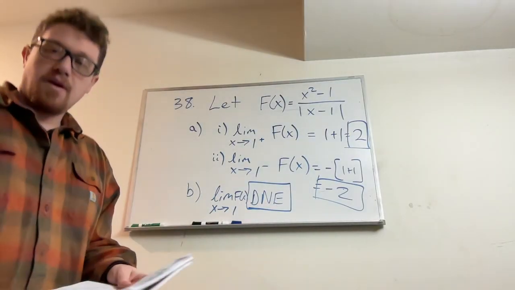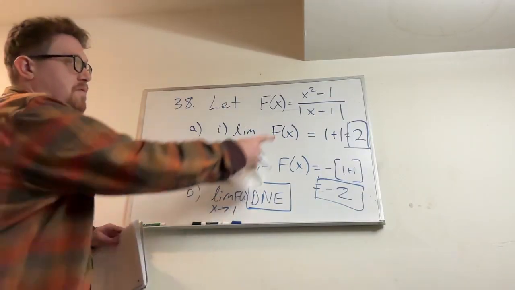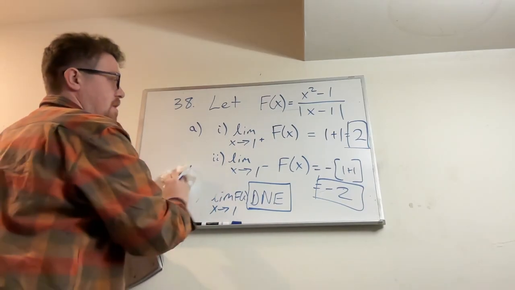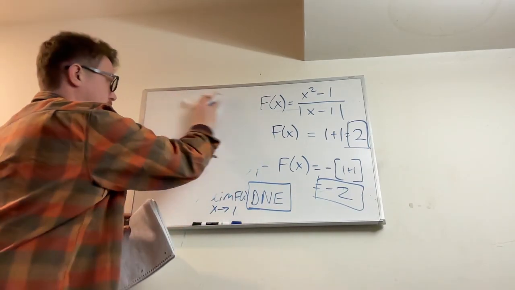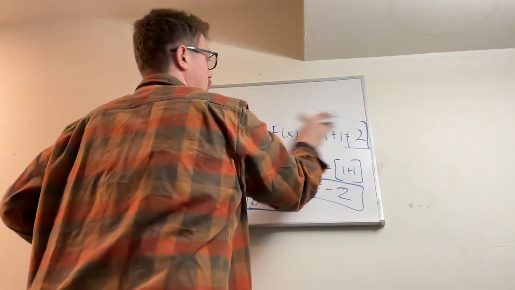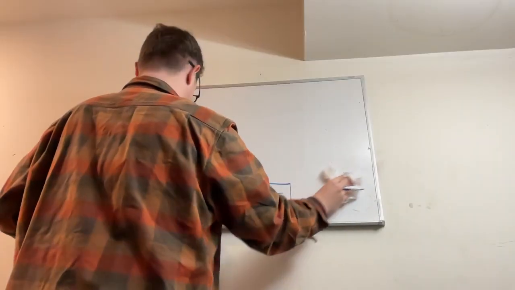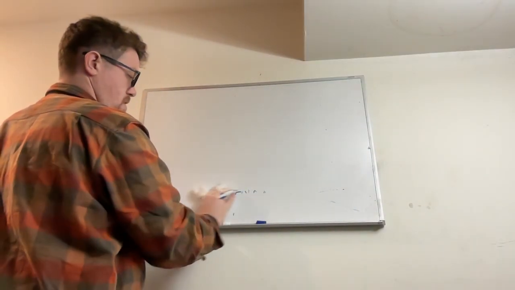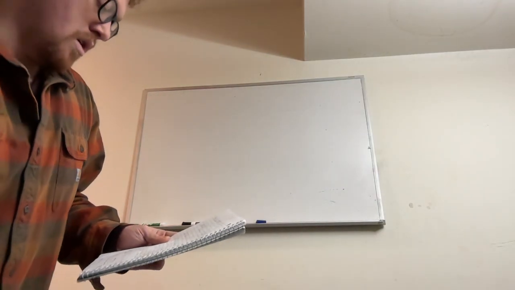And then the last part of the problem says sketch the graph of f. So let's just look at what type of function is x squared minus 1 divided by the absolute value of x minus 1. Well, let's see.